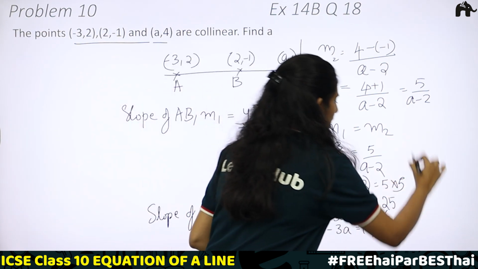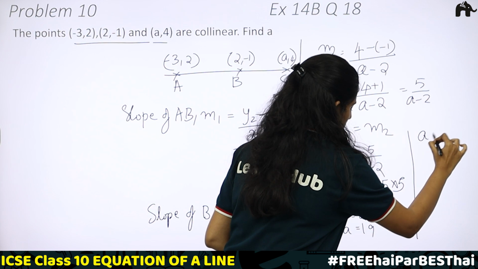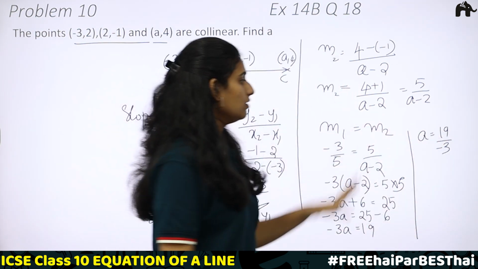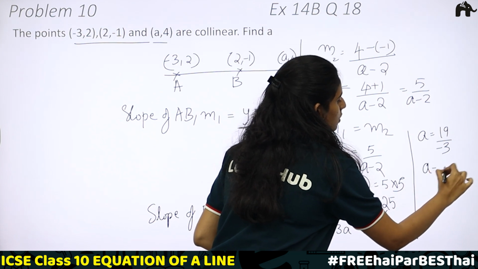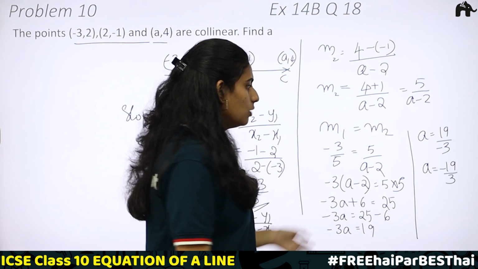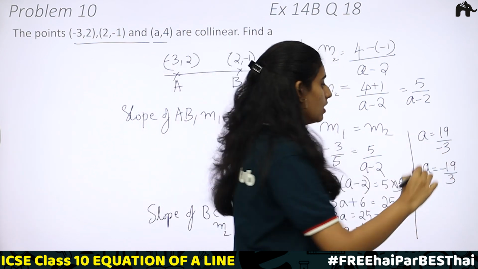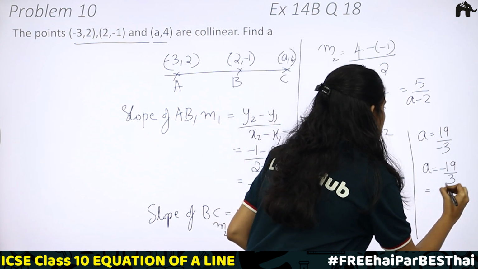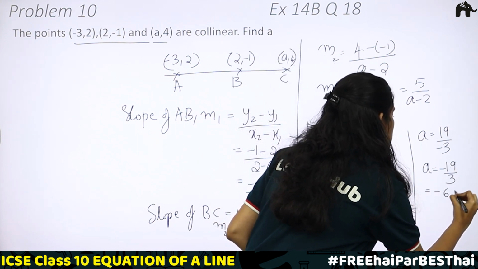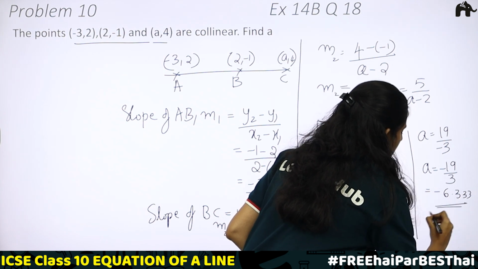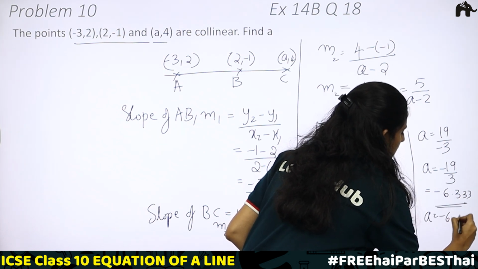Then what is a? a is equal to 19 divided by -3. Taking the negative to the numerator, a is equal to -19 by 3. Converting this fraction into decimal, we get a equal to -6.333.